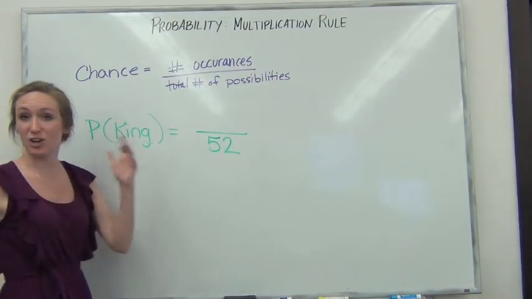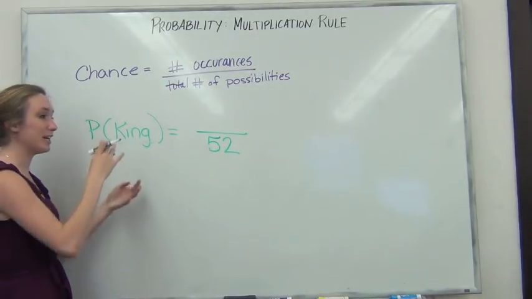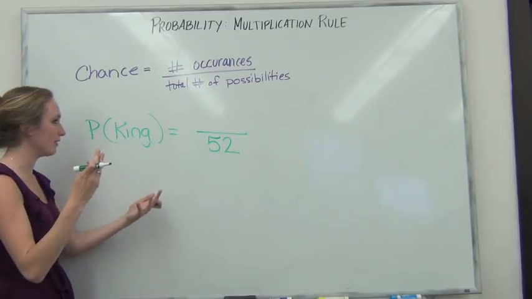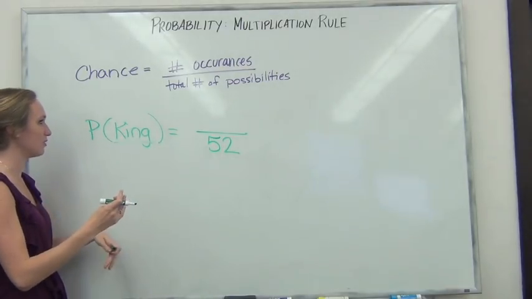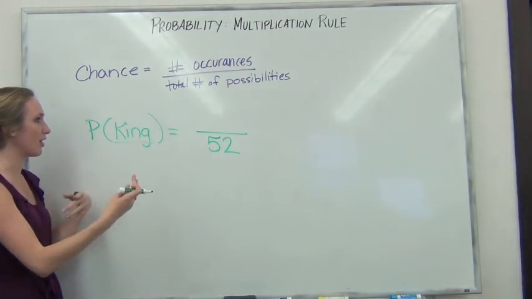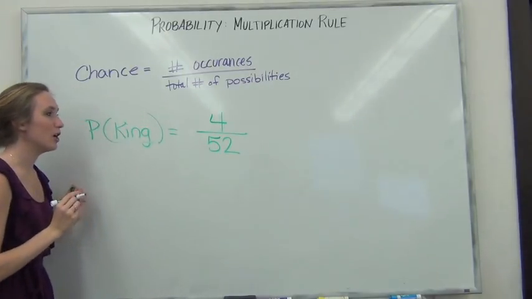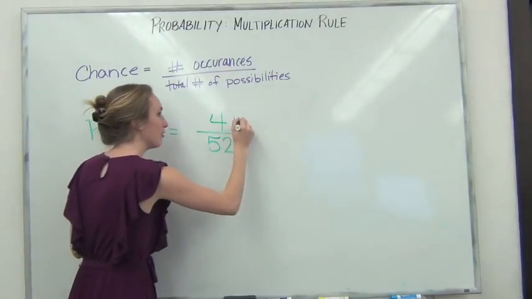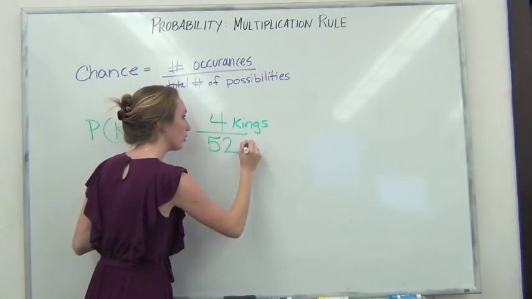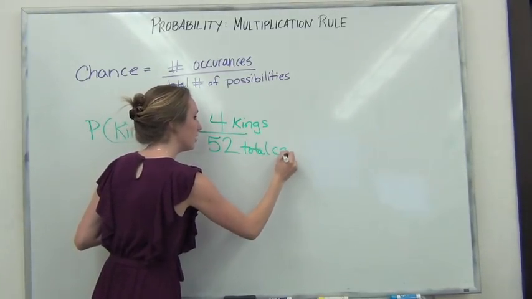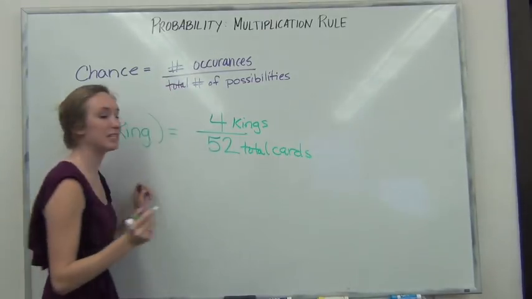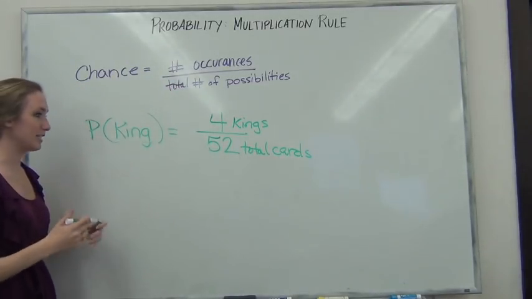How many different kings are available for me to pick? And in a deck of cards, we said that there's 4 of each type, 4 of each number or face card. So we would say that there are 4 kings out of 52 total cards. So we say that the chance of randomly selecting a king is 4 out of 52.